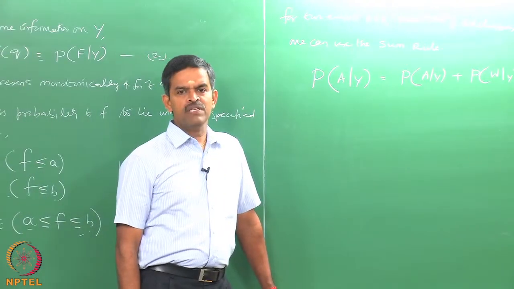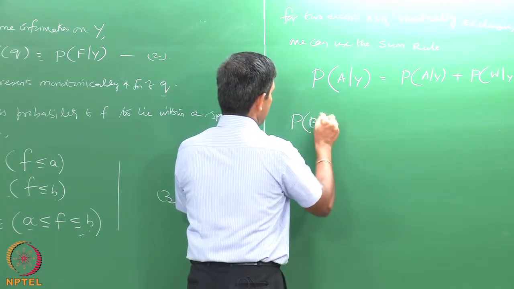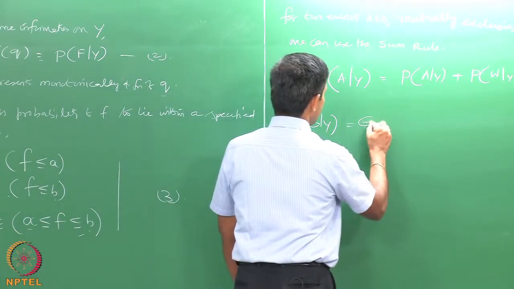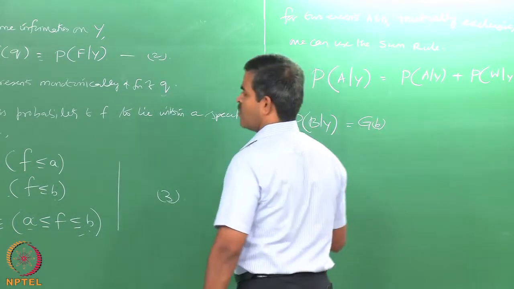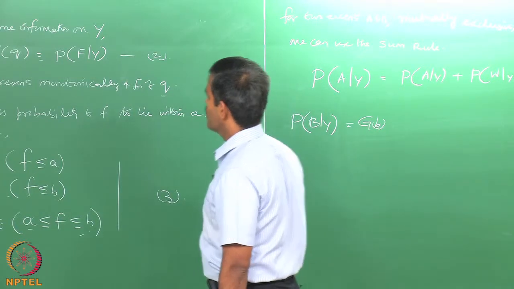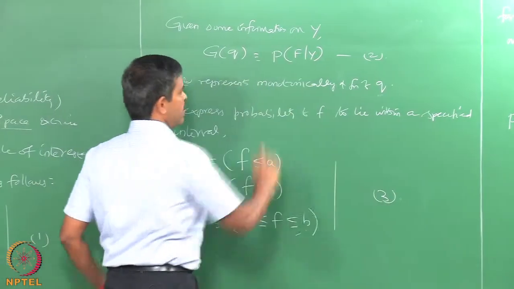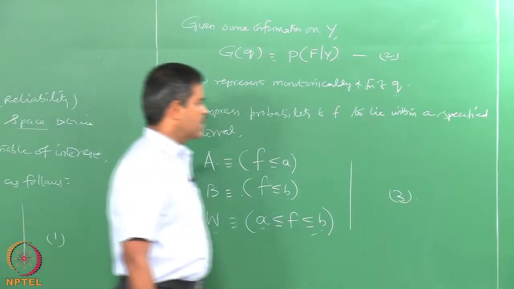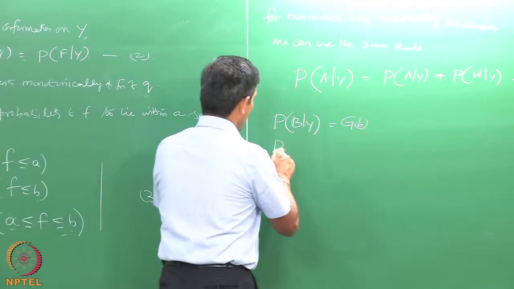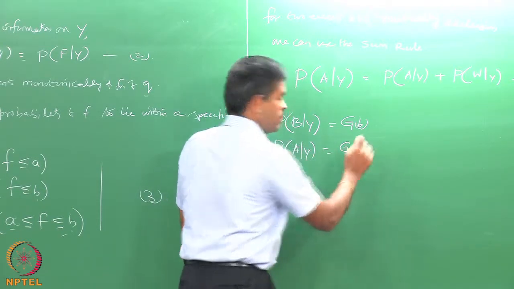But by definition we have probability of b given y as G of b, because one can easily say let G of q be probability of f given y. So, one can say that probability of b given y be G b and probability of a given y is G a.